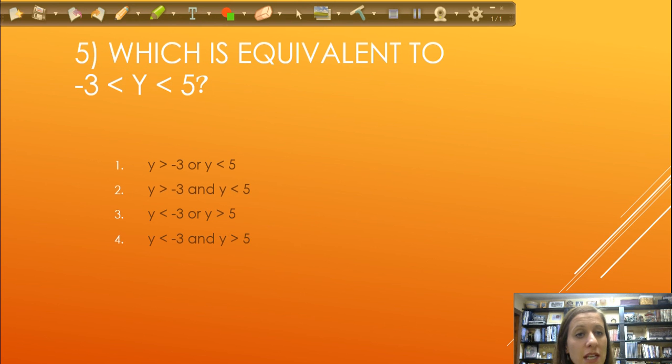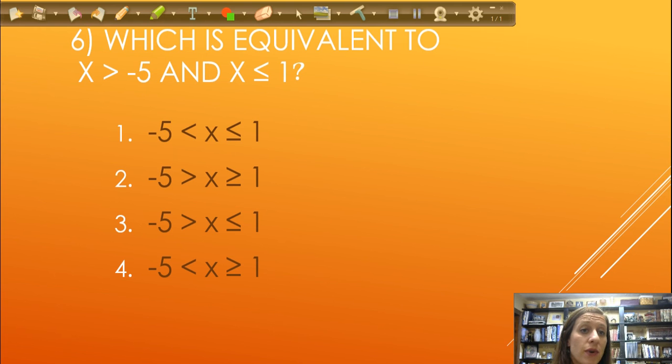Which is equivalent to -3 < y < 5. Again, hopefully you now see this notation and know that it represents the word and. And just be careful, this first inequality you should be reading as y is greater than -3, which would be option 2.